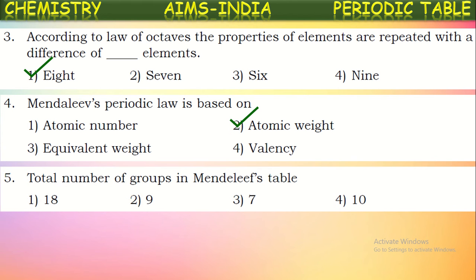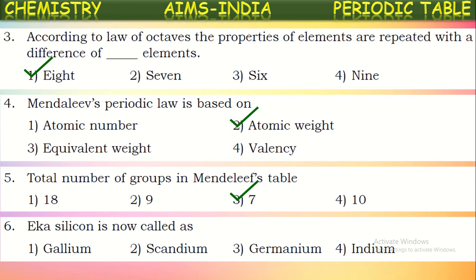Next one. Total number of groups in Mendeleev's periodic table. Yes, there are 7 groups in Mendeleev's periodic table. Next, ecosilicon is now called. In Mendeleev's periodic table, he left some places for the elements which were to be found later, and he named those elements based upon the properties of the remaining elements in the same group.